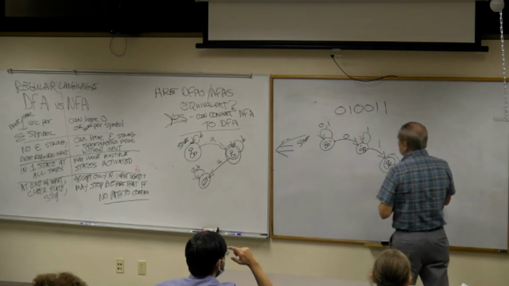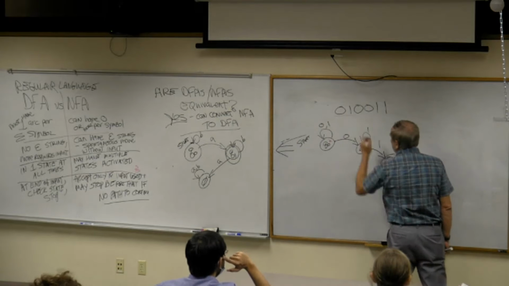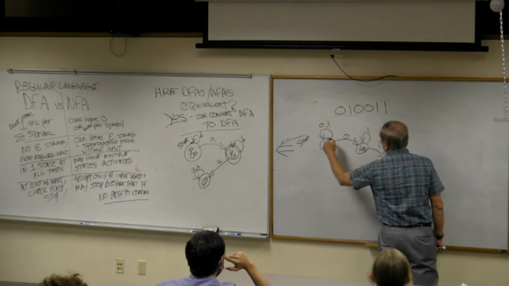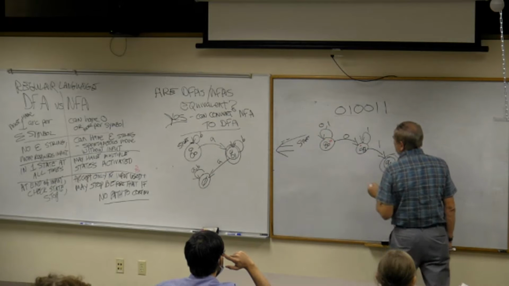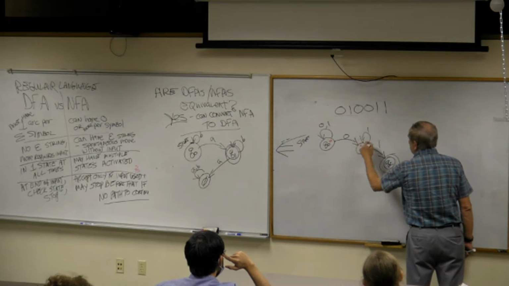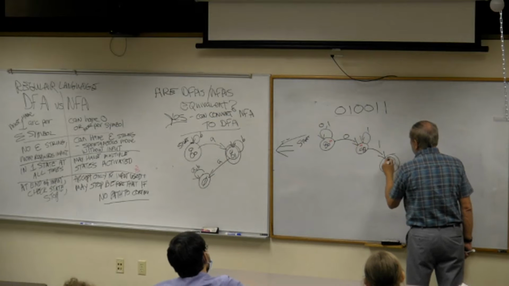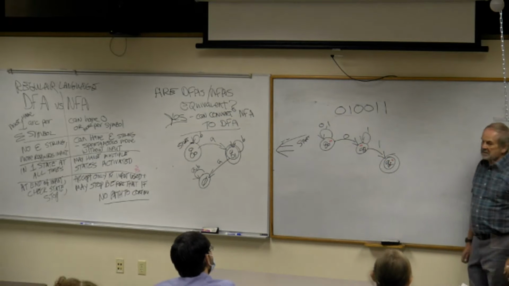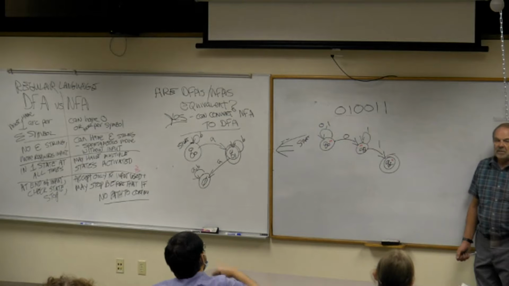So we then see the 1. Well, on the 1, it can loop back and this stays active. And on the 1, it can loop back on itself, keep that active, and it can activate this. So by the time it gets to the second symbol, it can have three states that it could possibly be in at the same time.